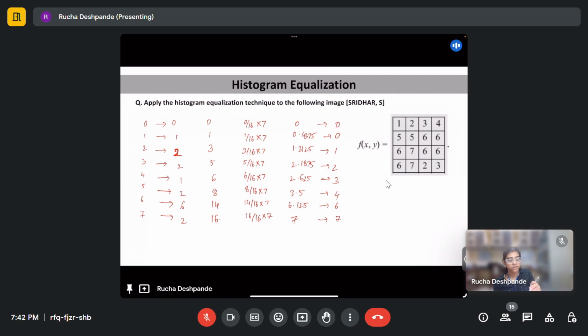So after histogram equalization, these will be the new values of this image.